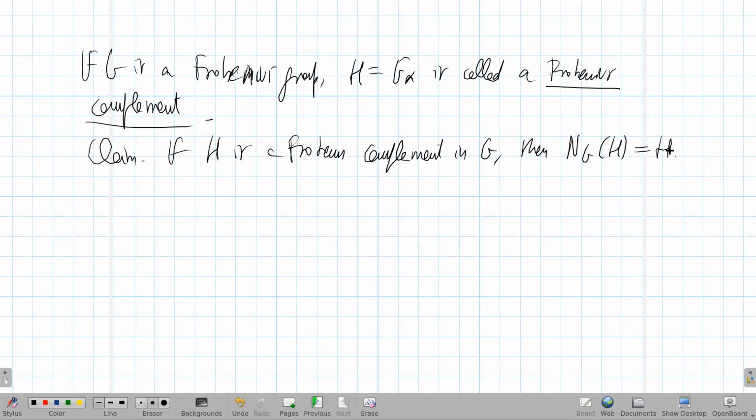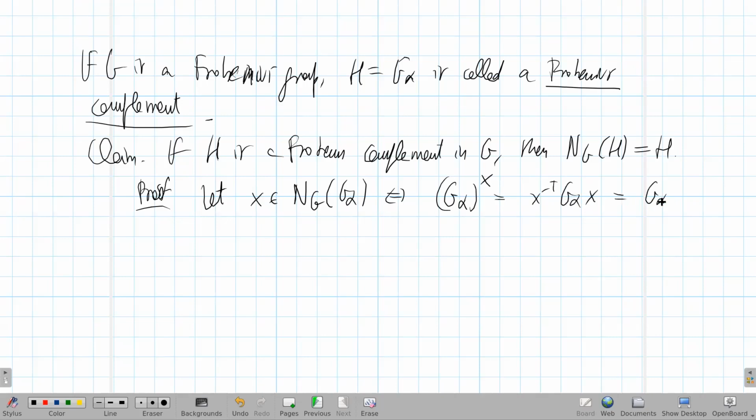Why is it so? Well, proof. Suppose X is in the normalizer of G alpha. Okay, so a Frobenius complement is one of these G alpha. So this is equivalent to saying that the conjugate G alpha X equals G alpha.